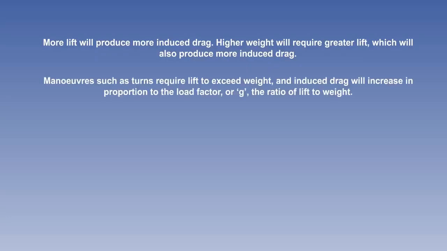Some manoeuvres, for example turns, require the lift force to exceed the weight, the ratio of lift to weight being known as the load factor, or G, for gravity. As lift is greater than weight in a turn, so will induced drag be greater than in straight and level flight. Thus induced drag also increases as the load factor increases. Induced drag will increase in proportion to the square of the lift force.